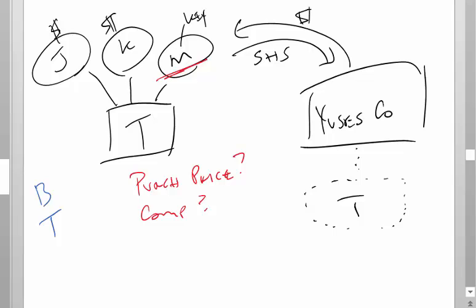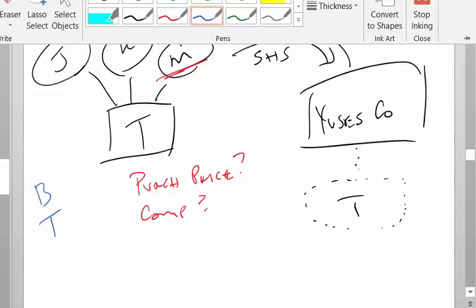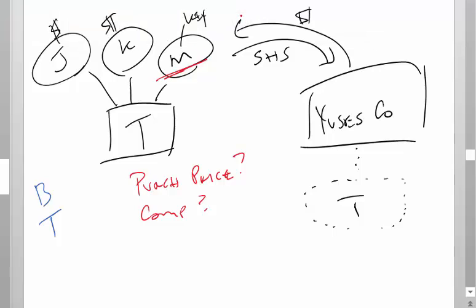Anybody else? Anyone want to guess? 50-50? Comp. Books treats it as comp because there's a service requirement. Once you have an employment requirement, books just like shuts down. They're like comp. Okay? What is tax treated as?